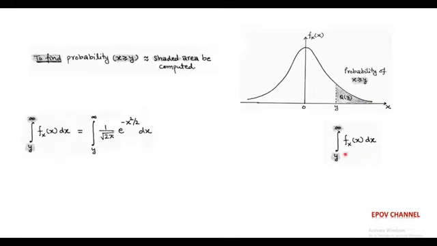Now, in place of small f function, that is the Gaussian PDF, we can write the expression with 0 mean and unit variance, and it equals 1 upon under root of 2 pi into e to power minus x square by 2 into dx. So this integration expression is called the Q function denoted by Q of y, and this results as the area of the shaded region of the positive tail.